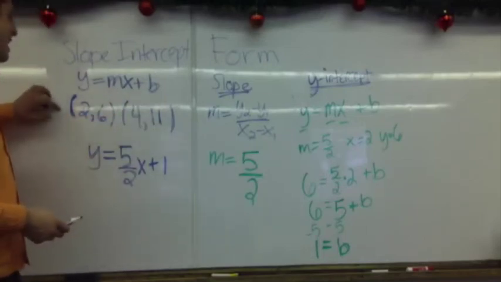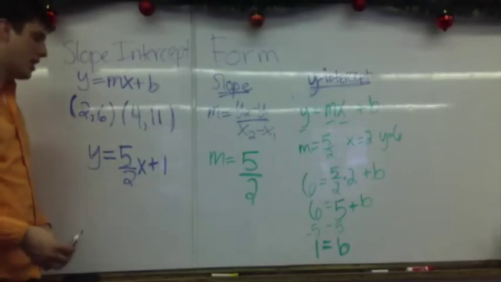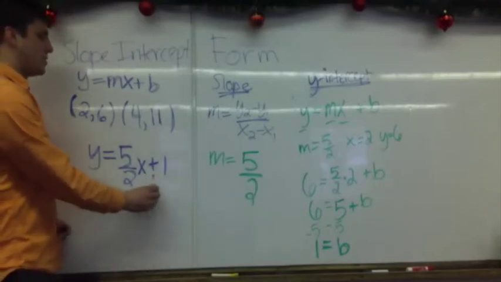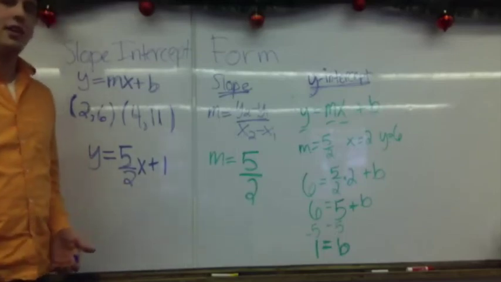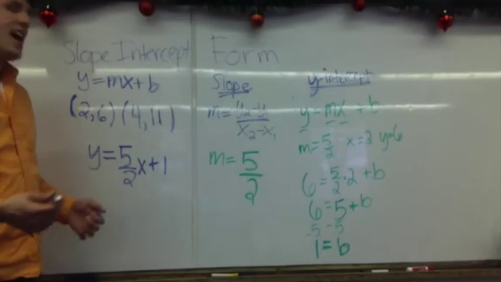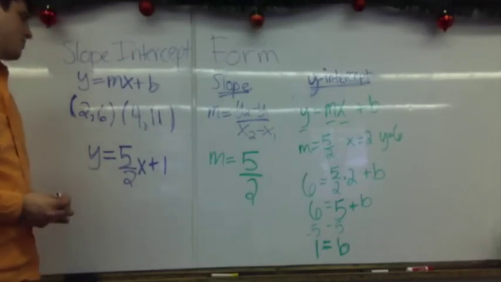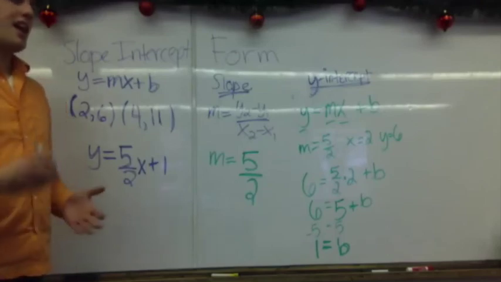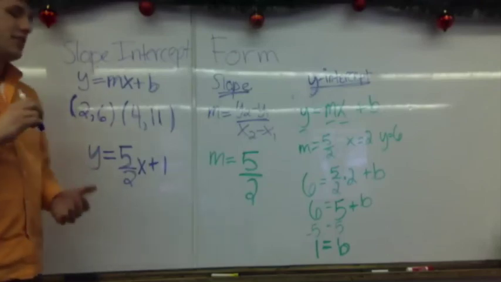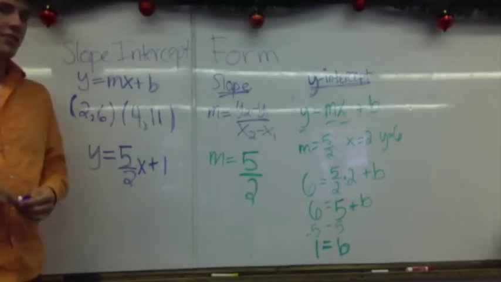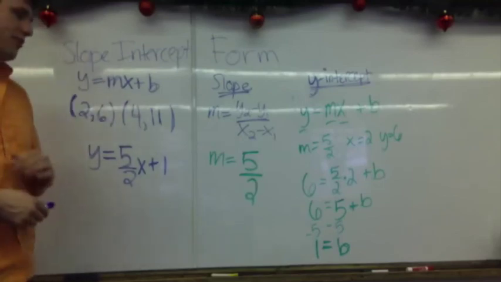So the line containing these 2 points, the linear equation, is y equals 5 halves x plus 1. You may have written it y equals 2.5x plus 1. And that is the type of problem you're going to have to know for today's lesson, and the type of problem that slope-intercept form is useful for.